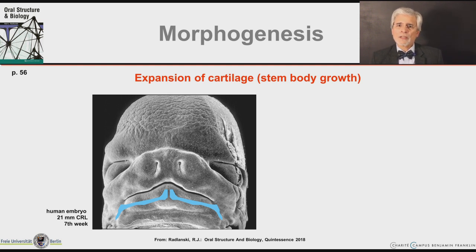So the cells here in the center are in a completely different metabolic situation, and they may react to it, and they look up in their genetic code, oh, what can we do now? Oh yes, in such a situation we have to differentiate to pre-chondroblasts.